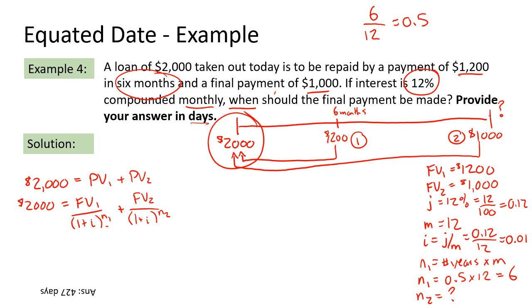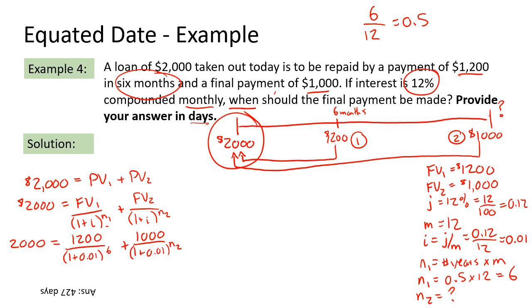So I'm going to substitute all these values in. You end up with $2,000 equal to the future value 1, $1,200, divided by 1 plus 0.01 to the exponent 6, plus future value 2, 1,000, divided by 1 plus 0.01 to the exponent n2, because you don't know it. Now you can simplify a little bit.